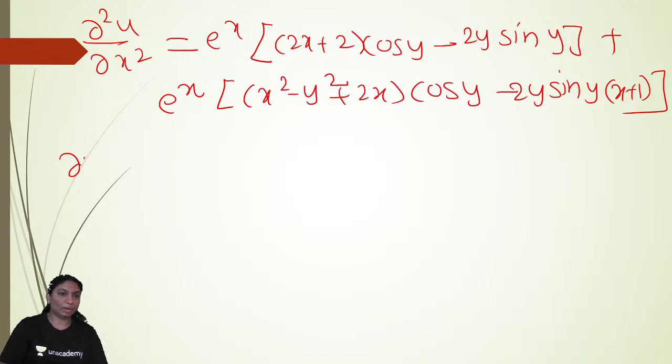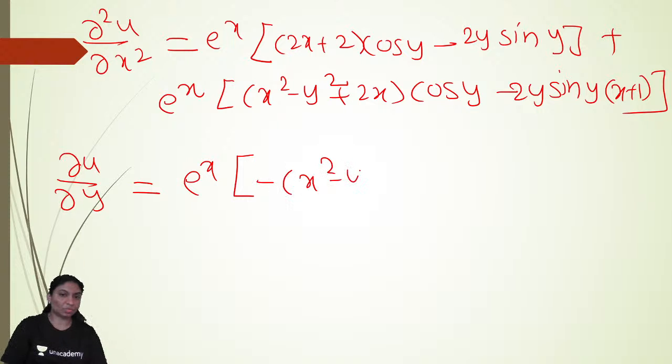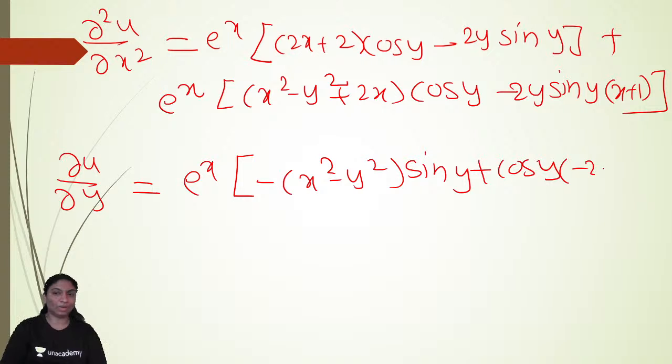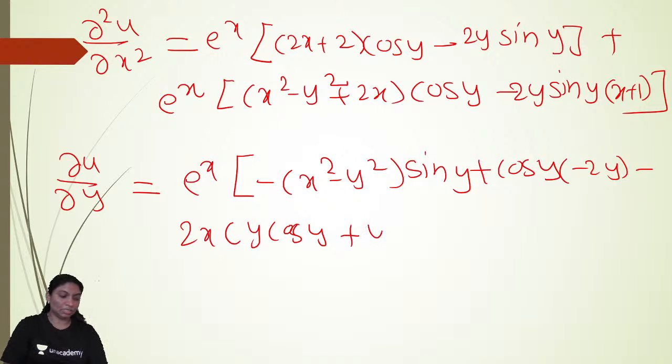And dabba u by dabba y is equal to e raised to x into bracket minus of x square minus y square into sin y, minus of x square minus y square into sin y plus cos y into minus 2y, minus 2x into bracket y cos y plus sin y.